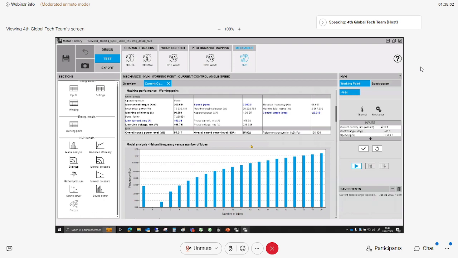Maybe this is something you can do on your side and compare which machine is noisy, 4-pole, 48 slot, or 6-pole 72 slot. So this is something you have to do, maybe, or homework for you guys. Yeah, you have already several results, but the most interesting one for me is this one.